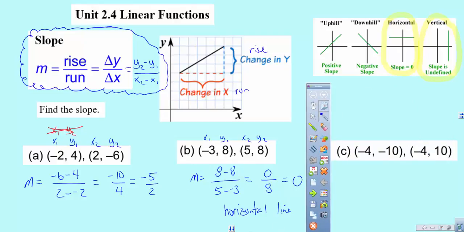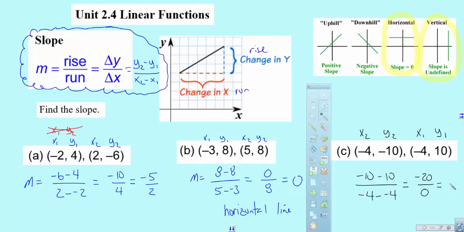On the last example, just to switch it up, let's call this x2, y2, and x1, y1. Maybe you already did this, and you'll see you still get the same answer. So that'd be negative 10 minus 10 over negative 4 minus negative 4. On top we get negative 20, on the bottom we get 0.